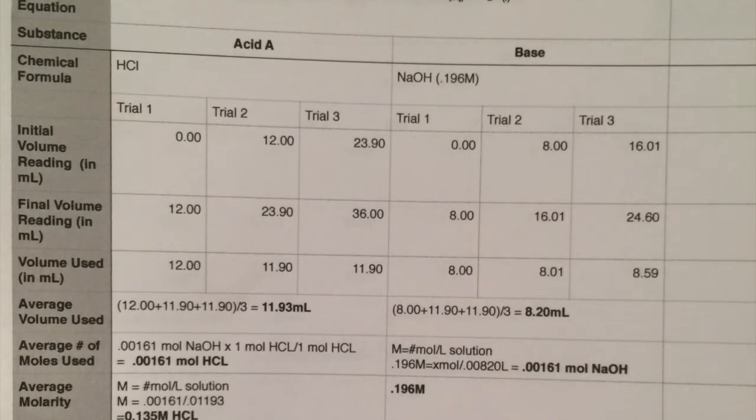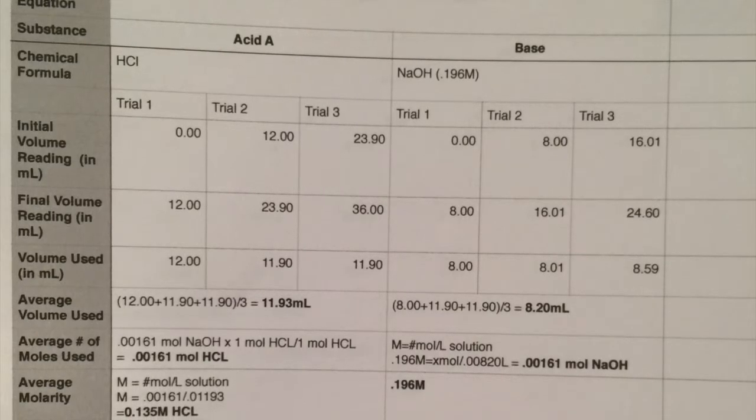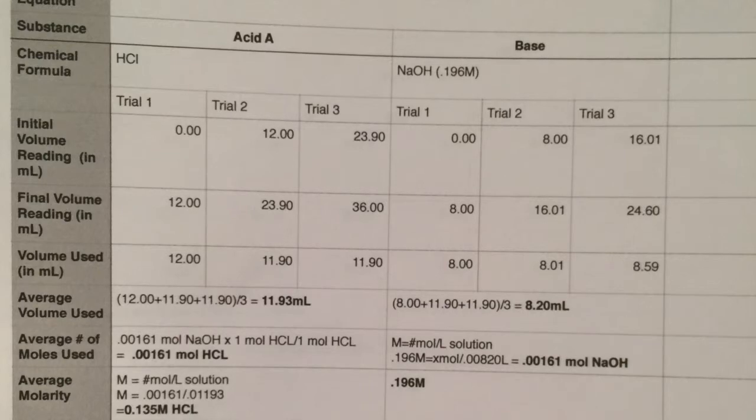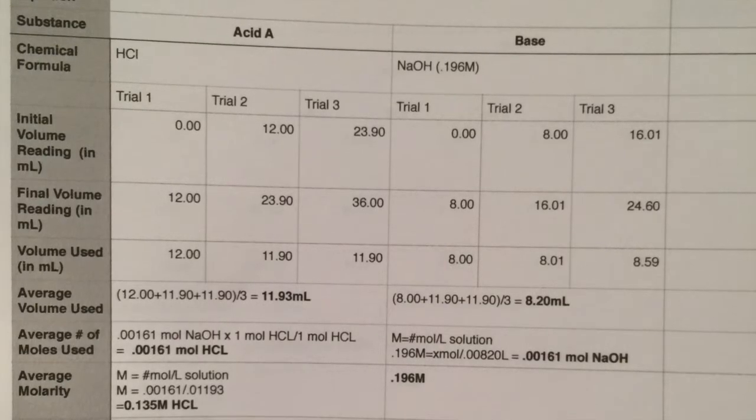From there, the average number of moles used for the acid and the base were able to be calculated. Since the molarity of the base was already known, this was calculated first.